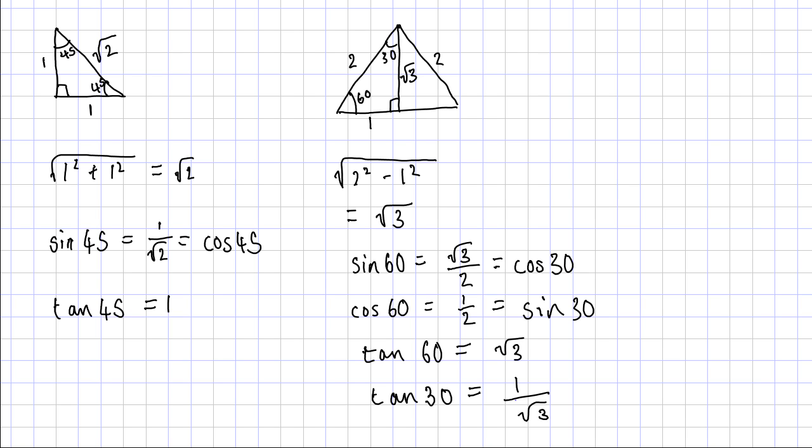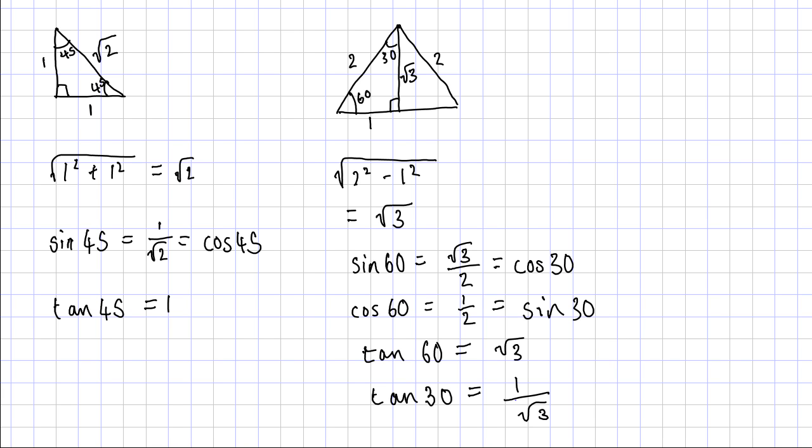Okay, so we've found some values for sine 60, cos 30, cos 60, sine 30, and a few more in exact form. We've got a half here, we've got a 1 here, which does help quite a lot. Now, when we're working with right angle triangles and we're not allowed to use a calculator, we need to use trigonometry.